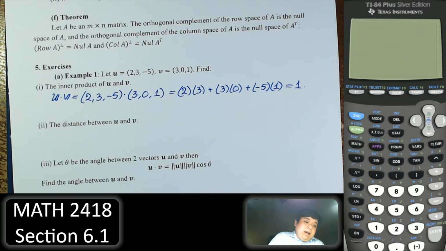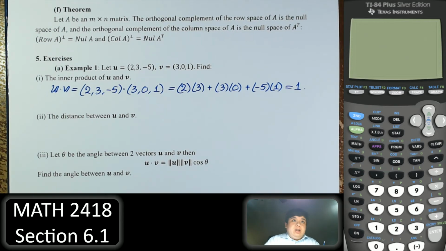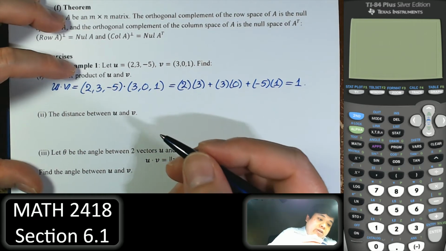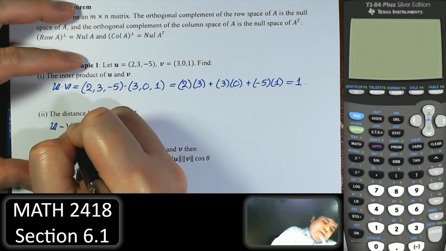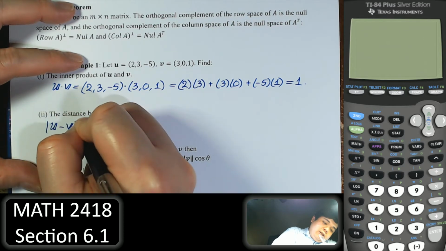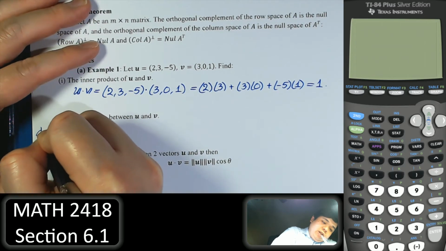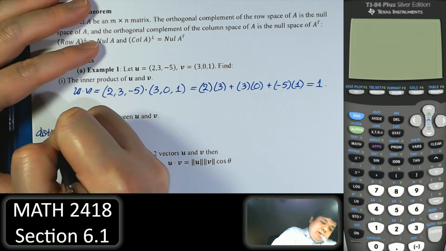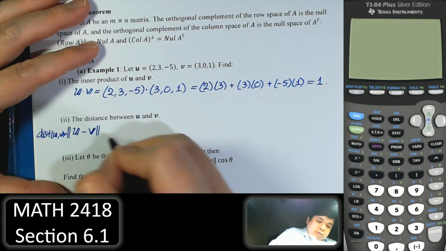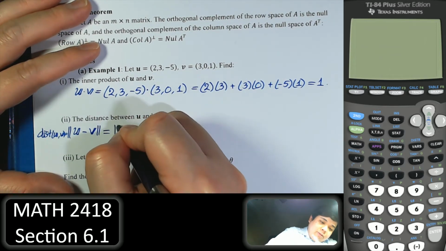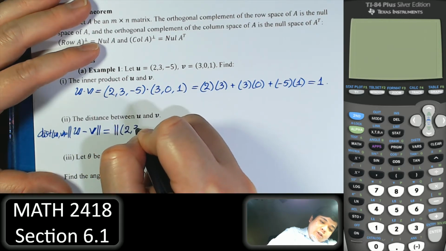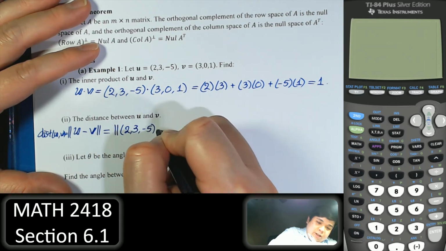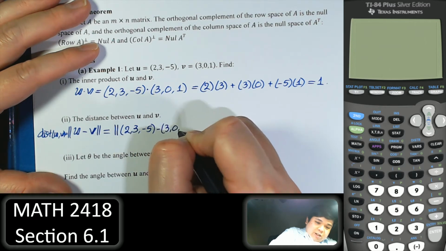Right. Next, find the distance between U and V. The distance between U and V, we just find the length of the difference. So U minus V is equal to the distance of U and V. (2, 3, -5) subtract (3, 0, 1).